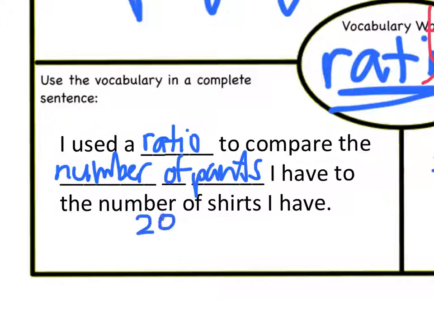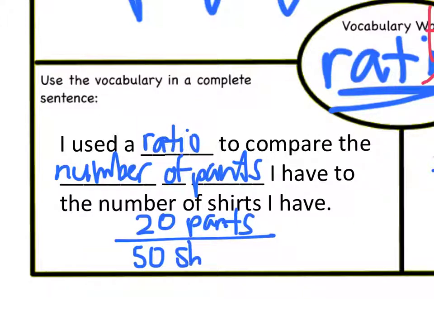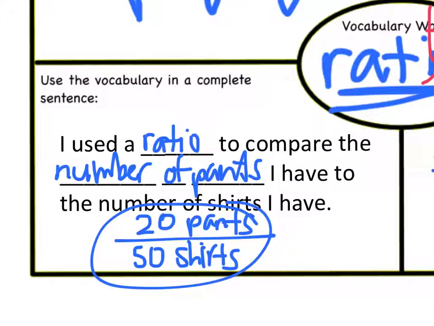You have 20 pairs of pants. Oh my gosh, so many pairs of clothes. If you have lots of pants, I'm guessing you have tons of shirts as well. So let's say you have 50 shirts. You just have a closet full of stuff. This is a ratio. We're comparing the number of pants we have to the number of shirts we have. That is a ratio.